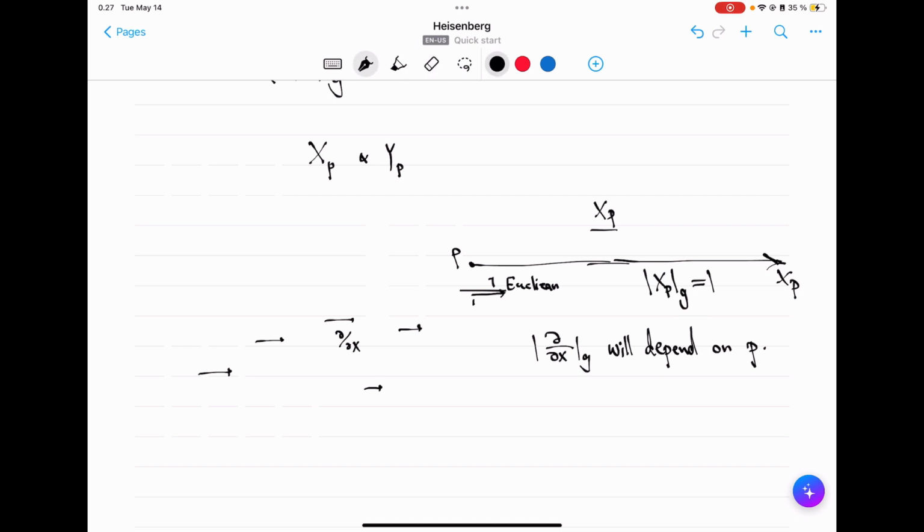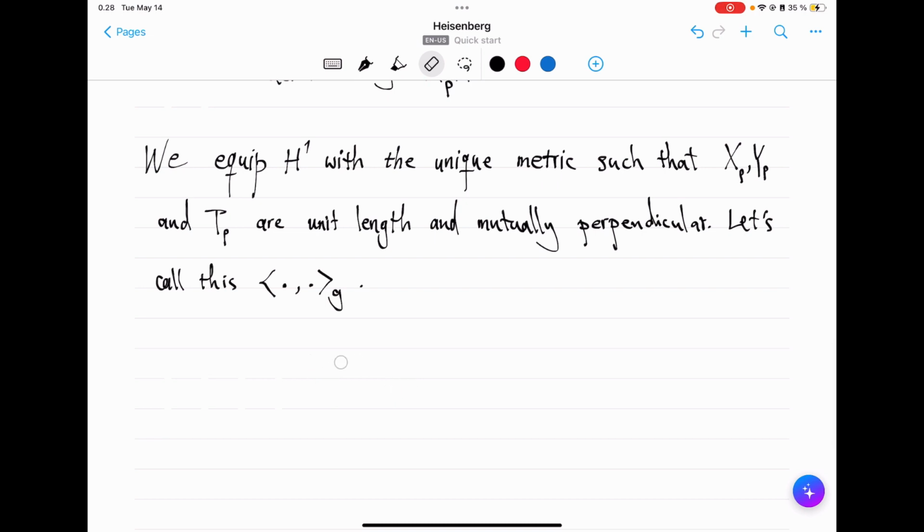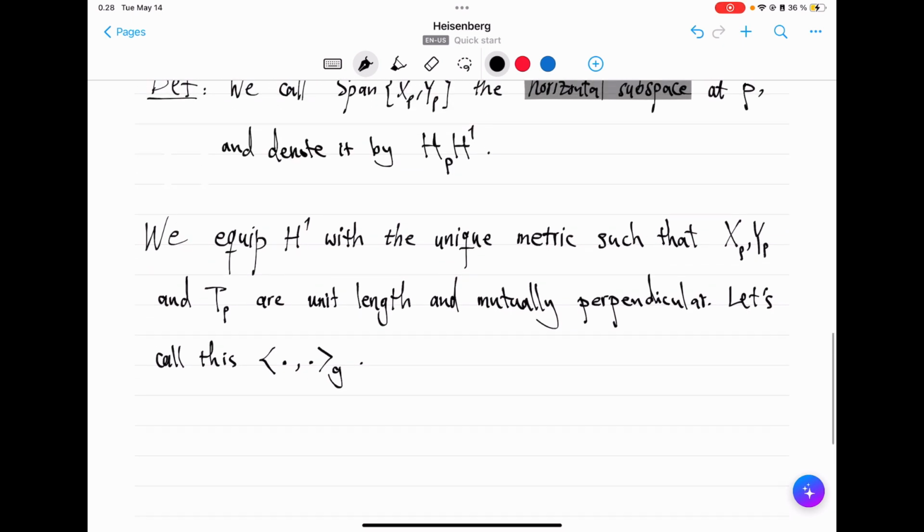They become actually very short because the much longer xp's have length 1. So this will have important consequences, and when we reach there I will mention them. For example, this will have a consequence for the length of the projection of a vector versus the vector, a curve's projection versus the curve itself.